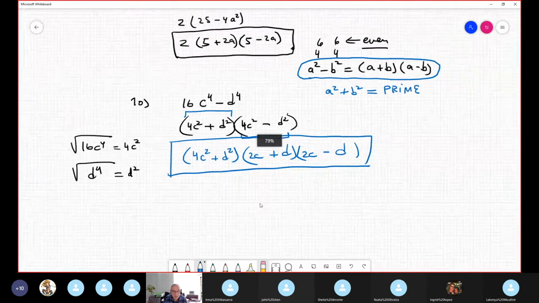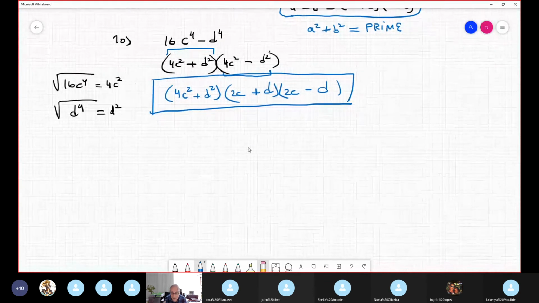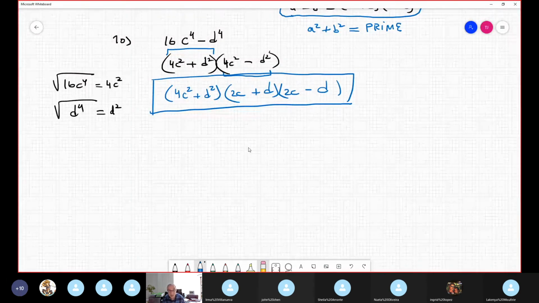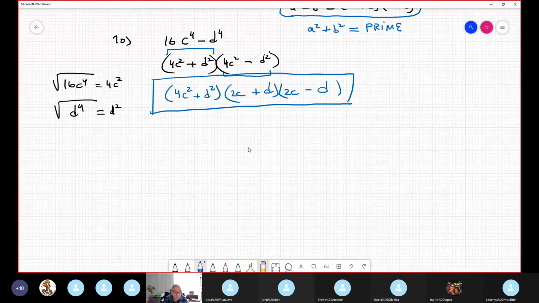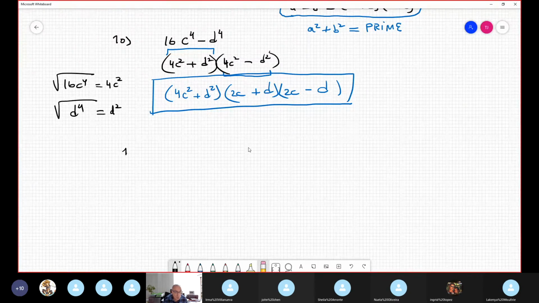So our expression is a combination of prime factors. At least one factor is not prime, because you can break it down. Why did you break it down?